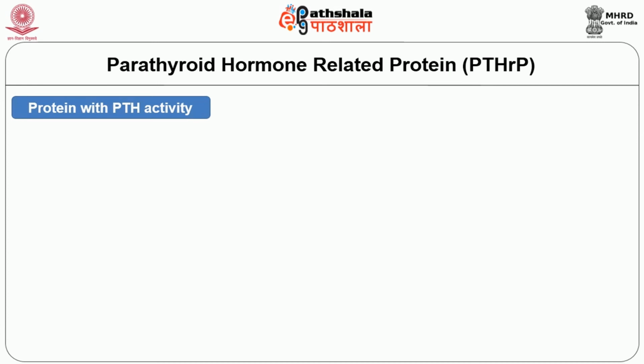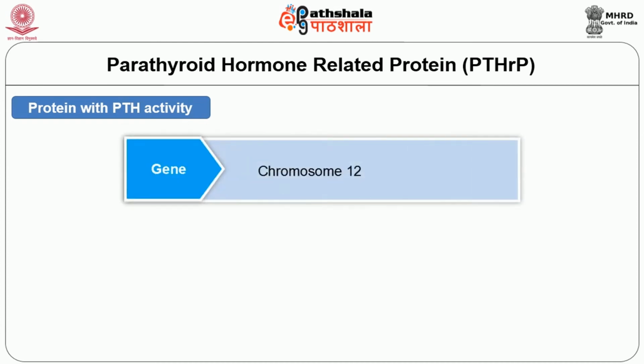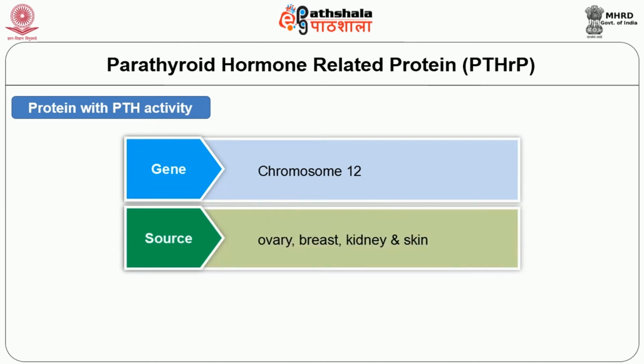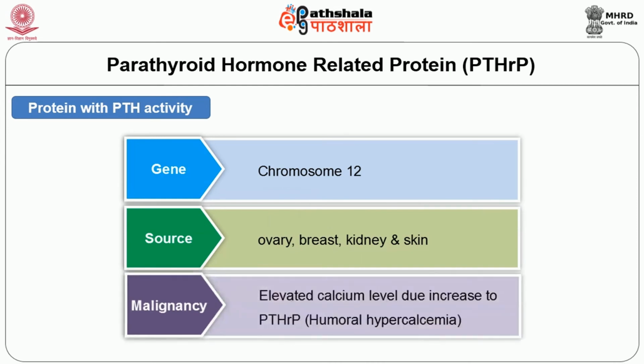Finally, there is a protein with parathyroid hormone activity called parathyroid hormone related protein, PTHrP. It is transcribed by a gene located on chromosome 12. These proteins are found in the ovary, breast, kidney and skin. In malignant conditions of these structures, the calcium level will be elevated due to increased response to PTHrP.